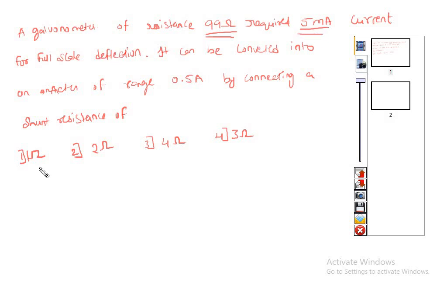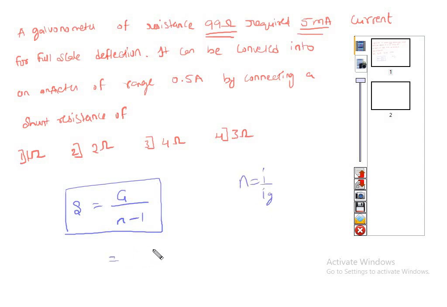So if you check, just now we have done a problem, one or two previous problems. So S is equal to G by n minus 1. And I already told you this is the main formula, or most of the time we'll use this formula whenever we have a galvanometer with a shunt, right? And n also we have seen, I by Ig.